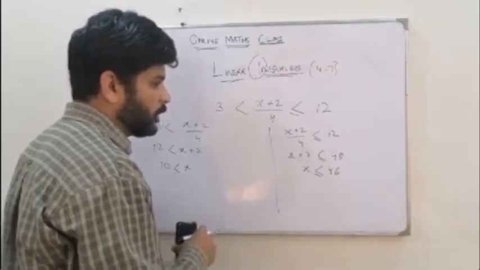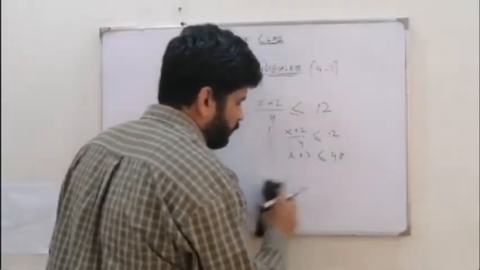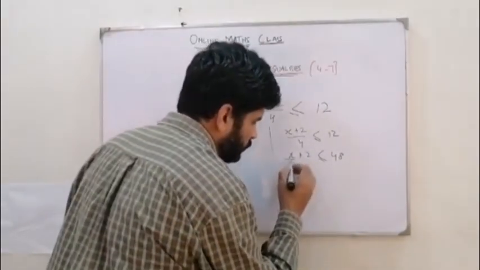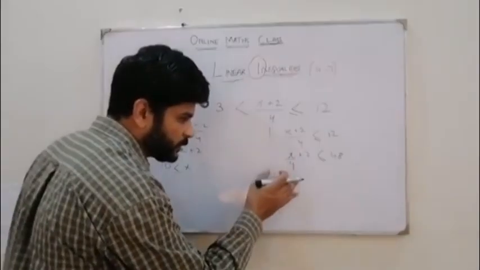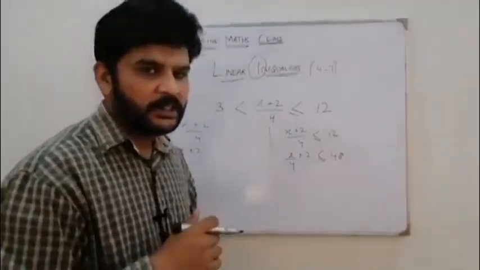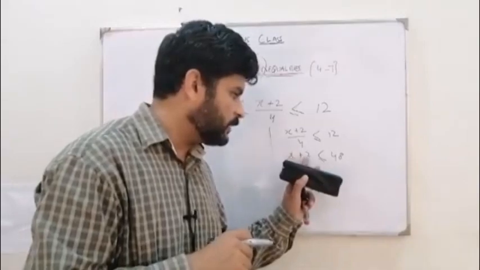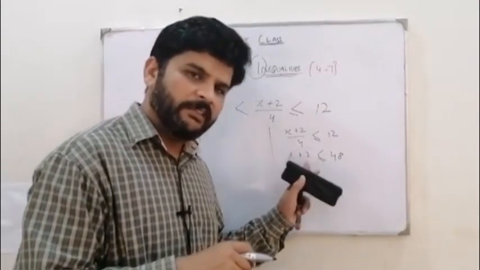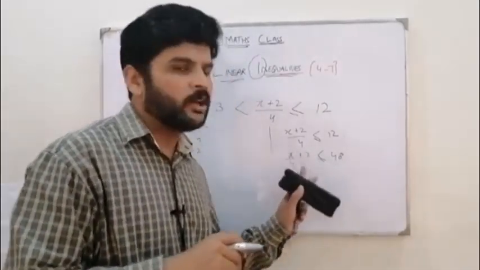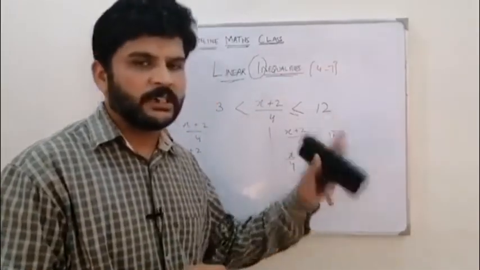Now what I was talking about was, if there would have been 4 here, you cannot shift this denominator to the other side, because there is another number which is adding with this number, so you cannot shift this denominator directly there.